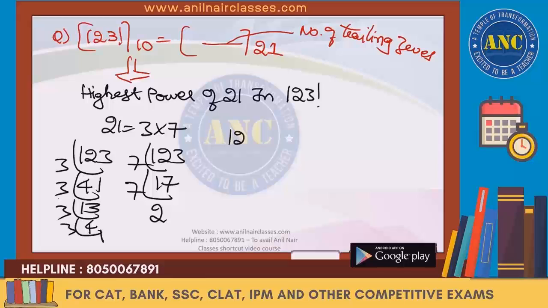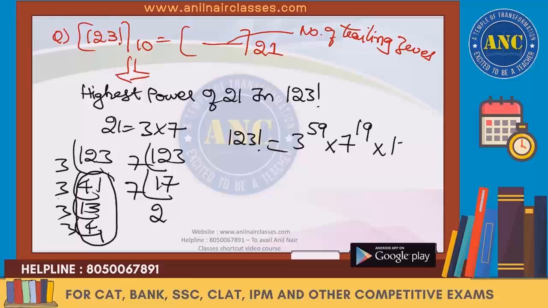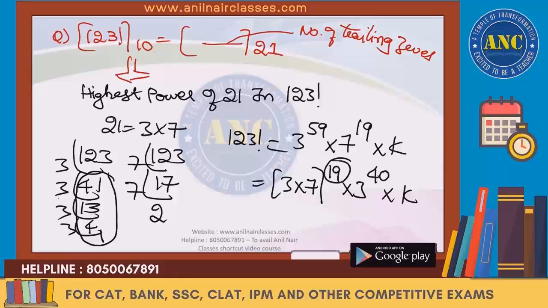So 123 factorial, if I add all these values, 41 plus 13 is 54, 58, 59. So 3 power 59 into 7 power 19 into k. I want 21, that is 3 into 7, so 7 power 19 into 3 power 40 into k. The number of zeros at the end is nothing but 19.